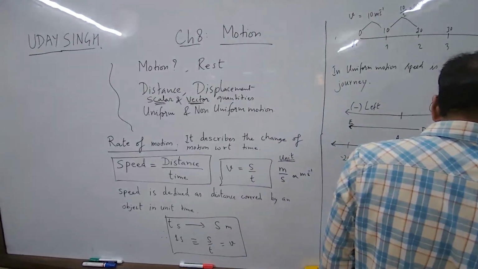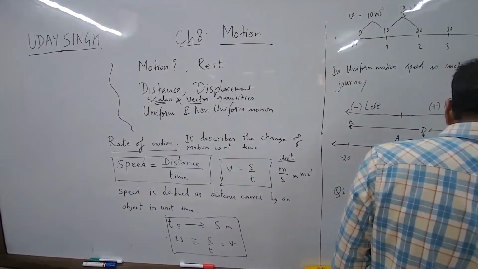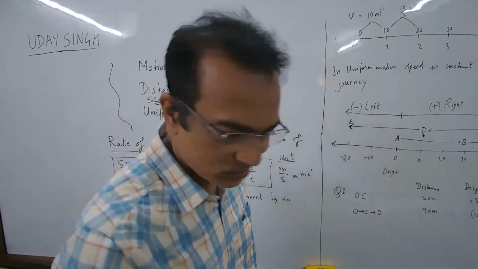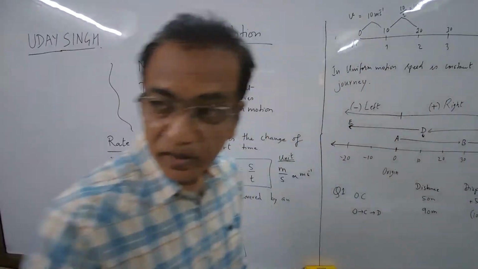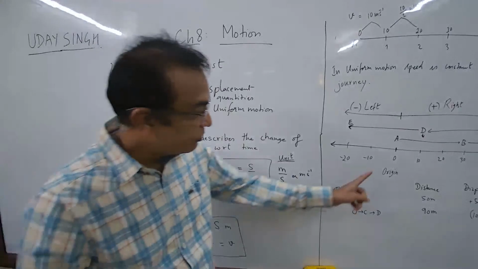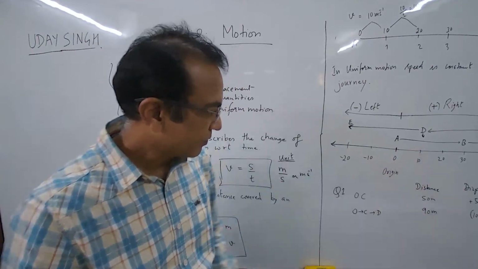So this is 10 minus 0, equal to 10 meter, to the right, which means plus. Or you say to the right or towards east. So you have to specify from the initial position where it is.